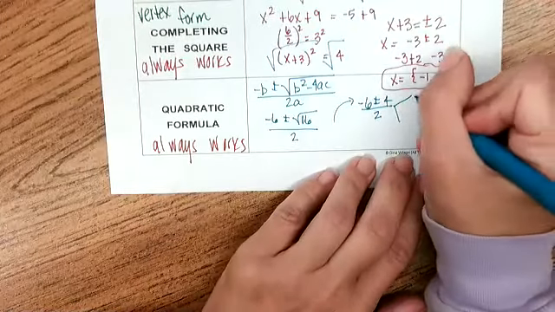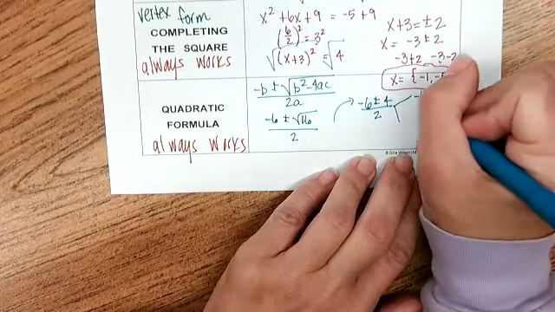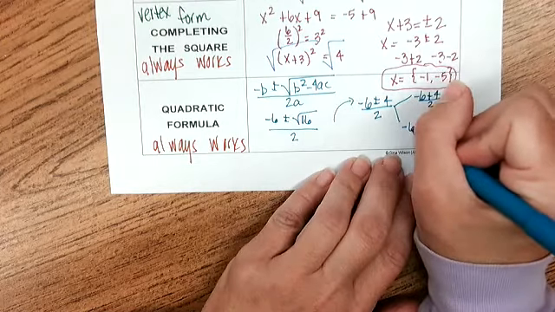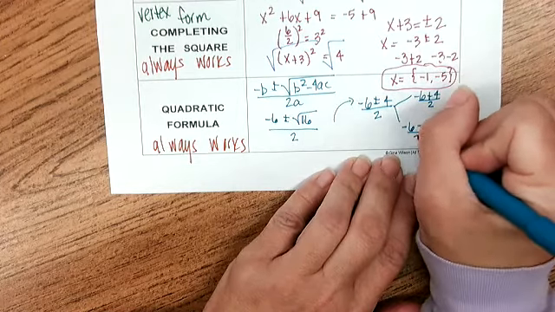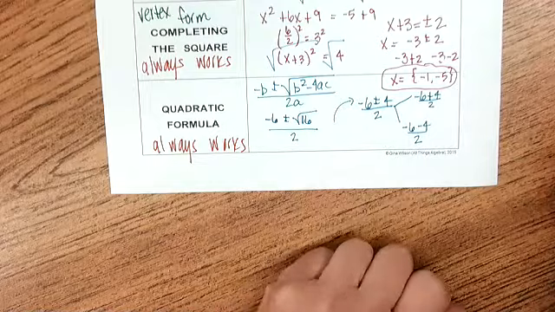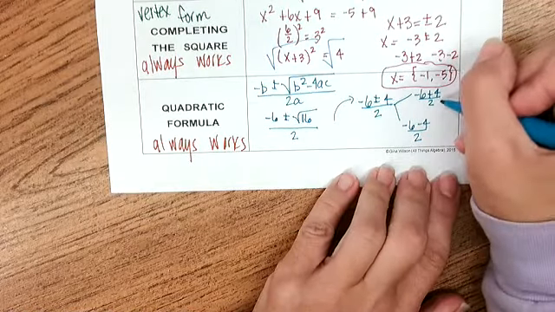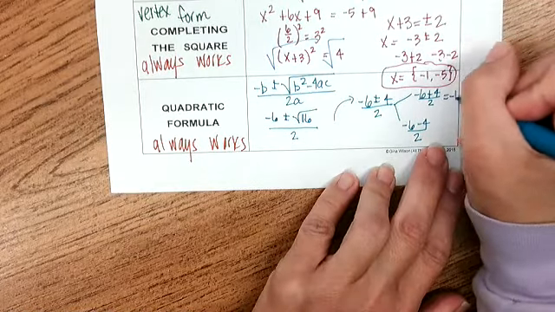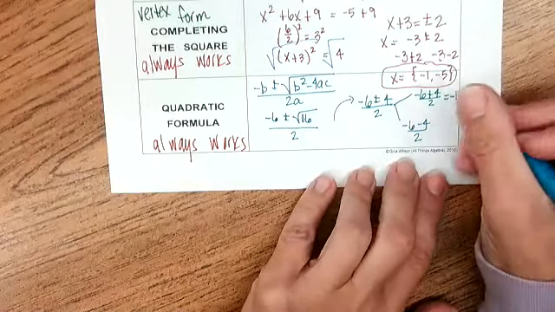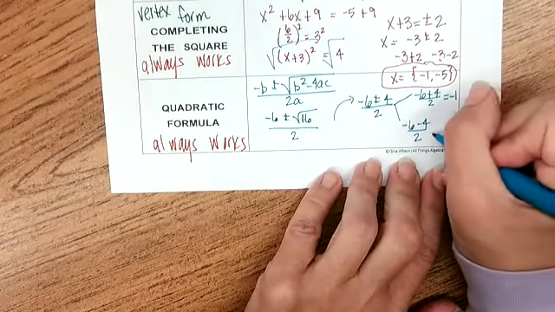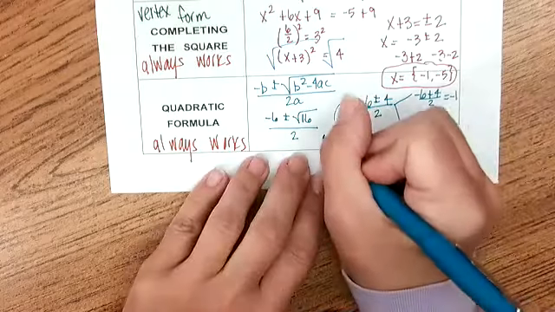This is negative 6 plus 4 over 2. Negative 6 minus 4 over 2. And guess what? That's negative 2 over 2, negative 1. This is negative 10 over 2, which is negative 5.